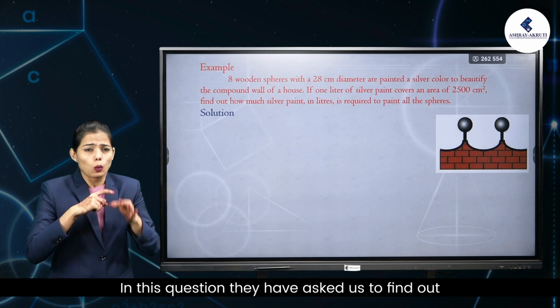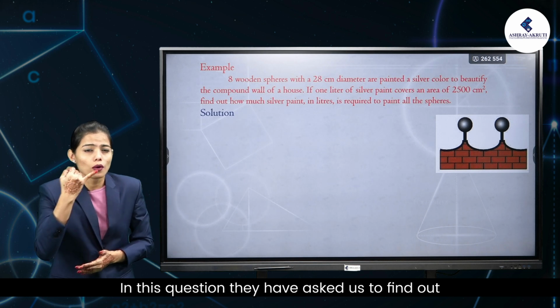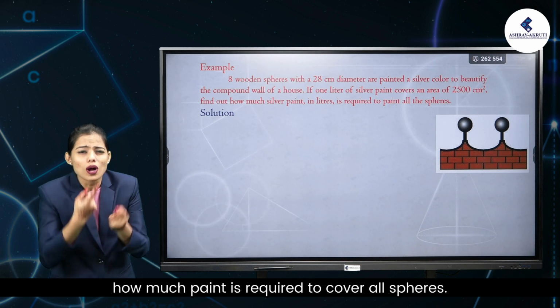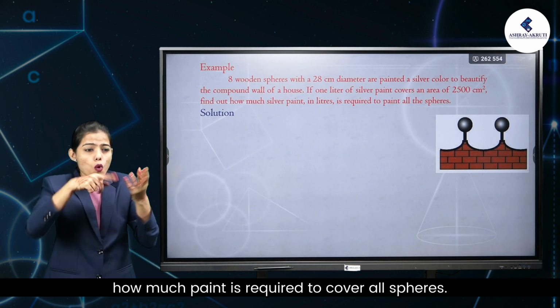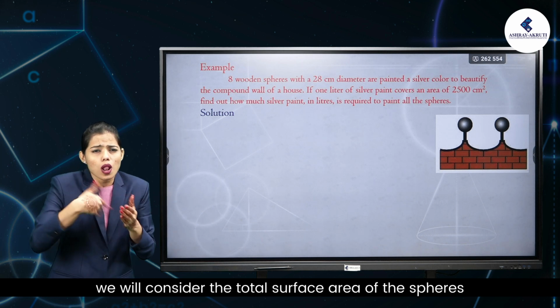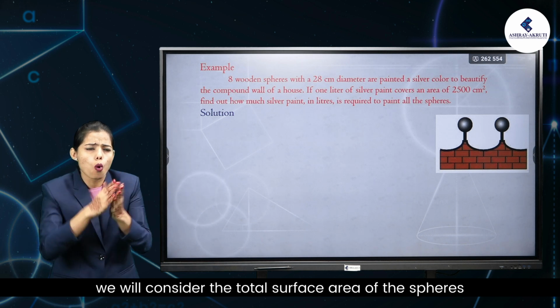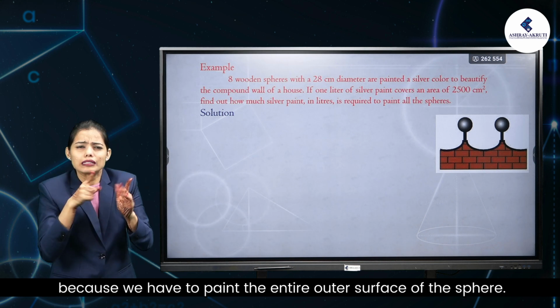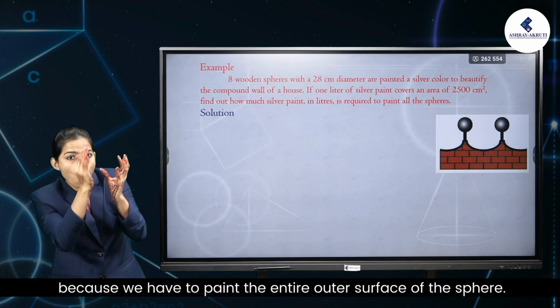Solution. In this question, they have asked us to find out how much paint is required to cover all spheres. Here, we will consider the total surface area of the spheres because we have to paint the entire outer surface of this sphere.